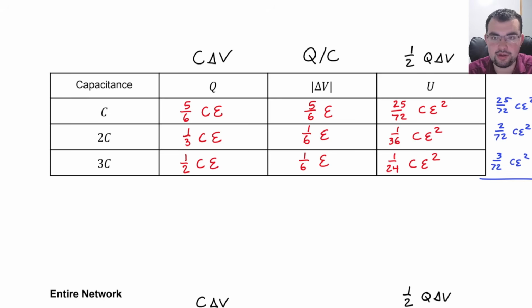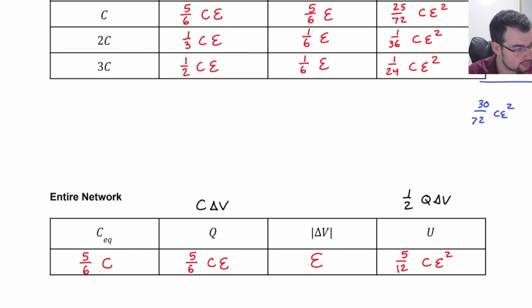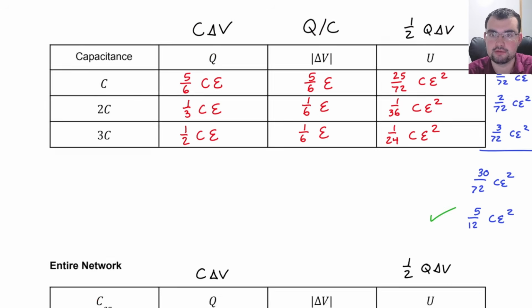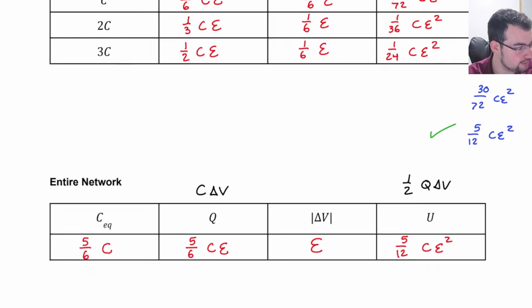So if we actually add all this up, 25 plus 2 is 27, plus 3 is 30. We get 30 over 72 C epsilon squared, which is 5 over 12. Because 6 goes into 30 5 times, 6 goes into 72 12 times. Wow. I would not have guessed that. So it does actually work out.